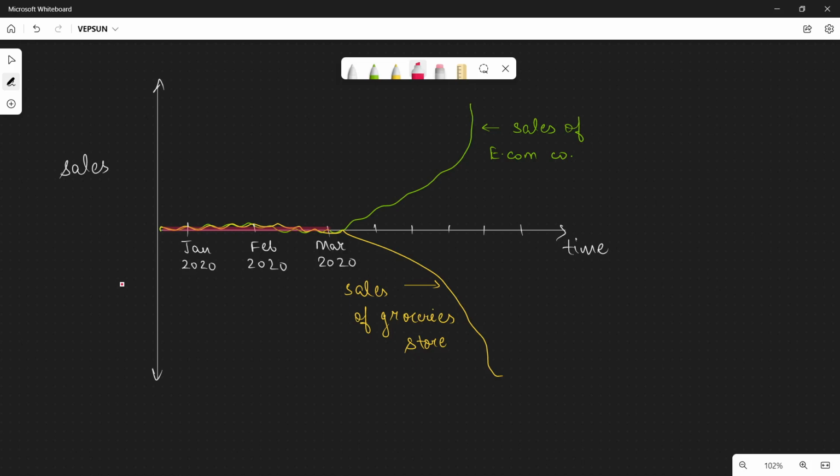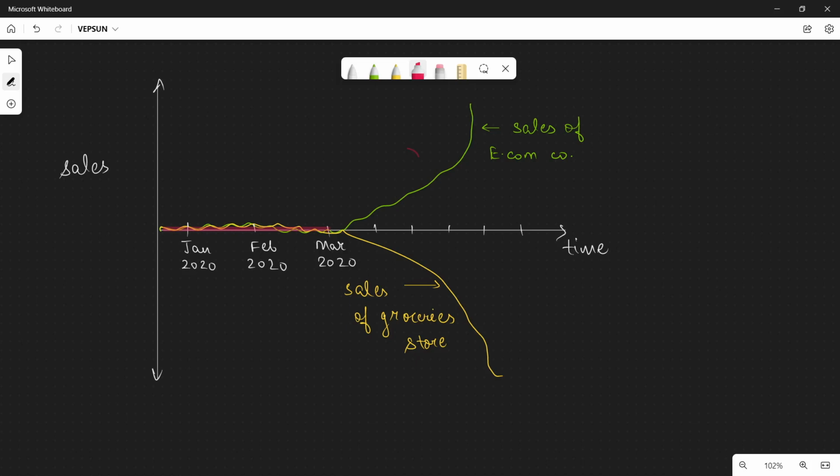What can we decipher from this? We as customers had a lot of flexibility. If we wanted to purchase some commodity from Amazon, we could do that. If we thought that on Amazon I'm not getting much discount, then probably I'll visit the nearby store and I'll try to bargain and get the same commodity at a considerable price.